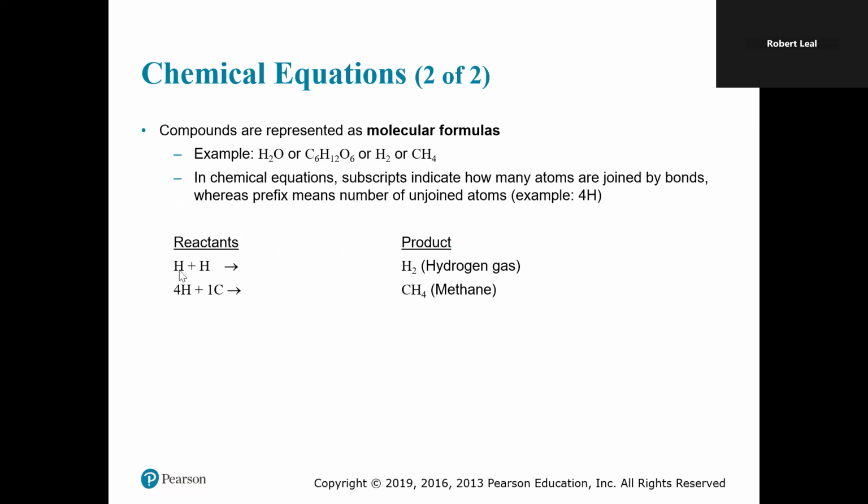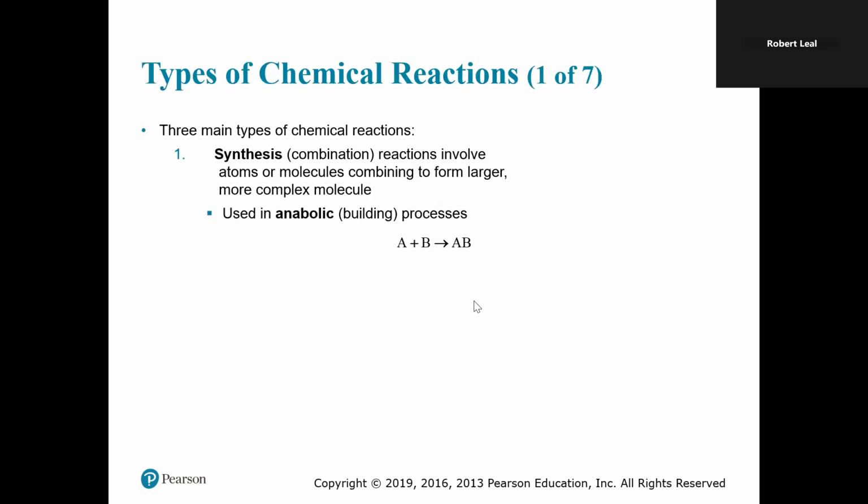So let's say here going from left to right, you have the reactants, H plus H, hydrogen make hydrogen gas, H2. Going from left to right, the one on the left is reactants, and what you end up with are products. CH4, what you start off with again, 4 hydrogens, 1 carbon. Those are the reactants. What you end up with as product is methane gas.